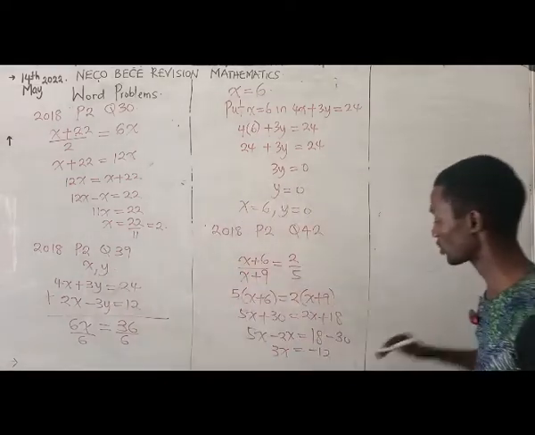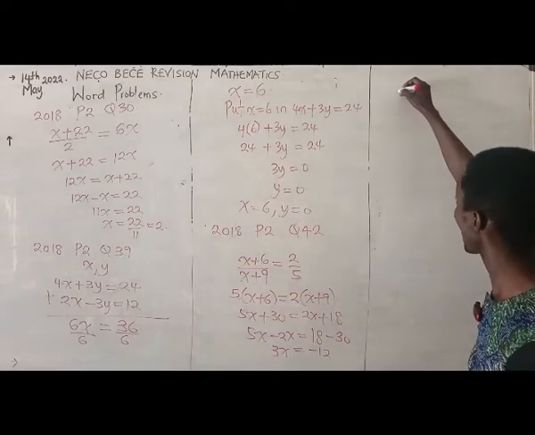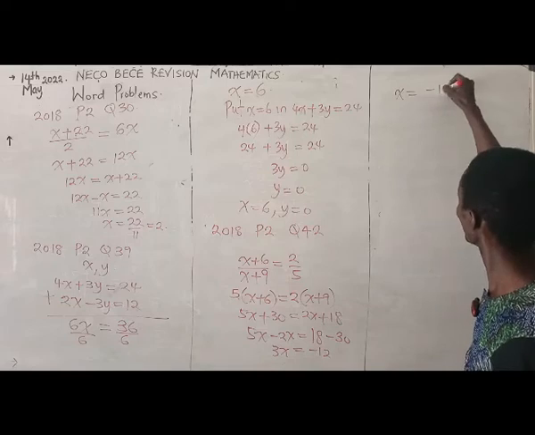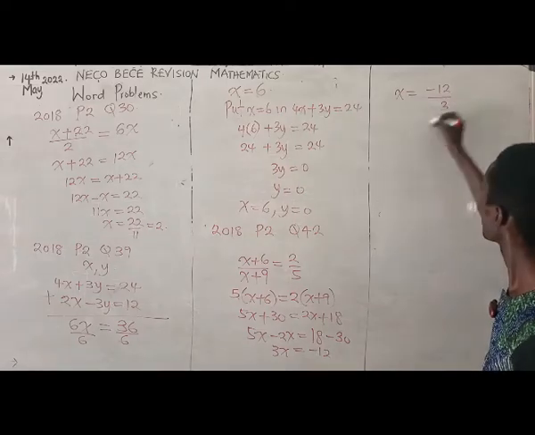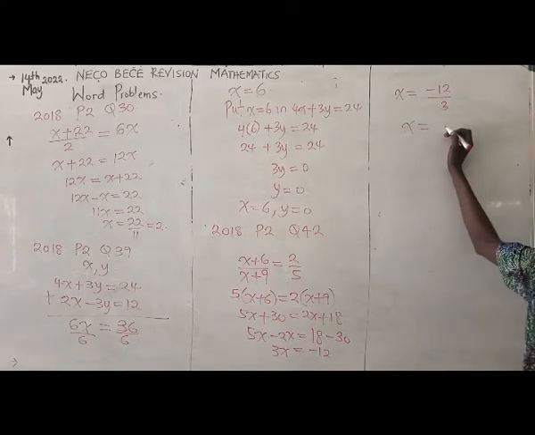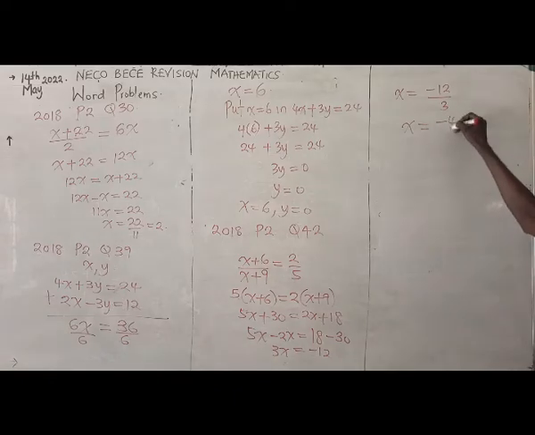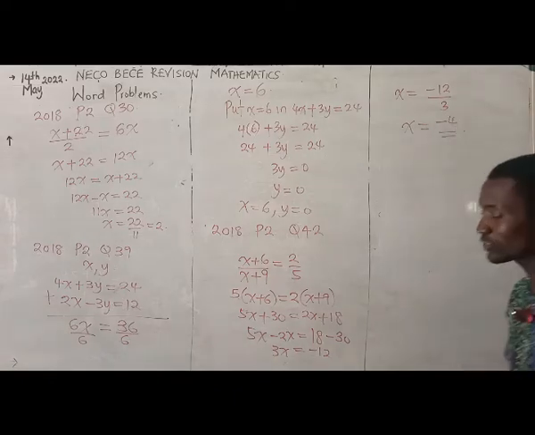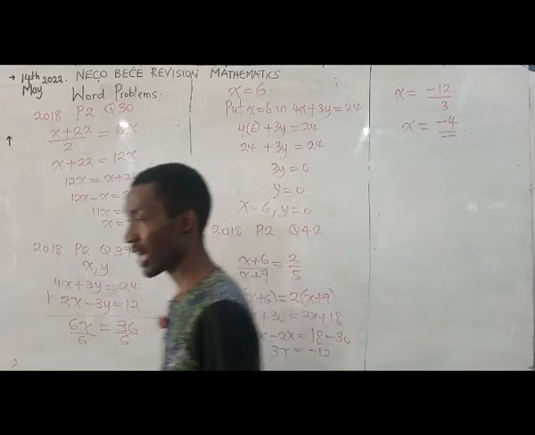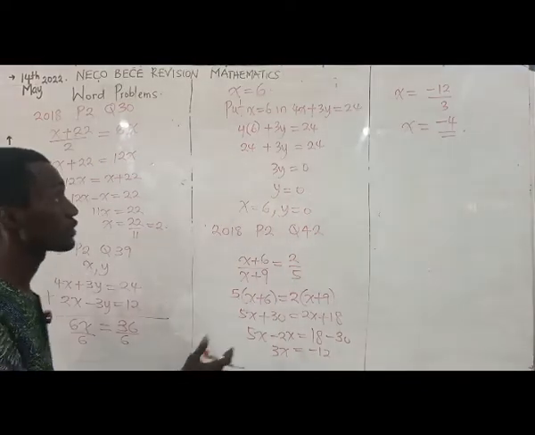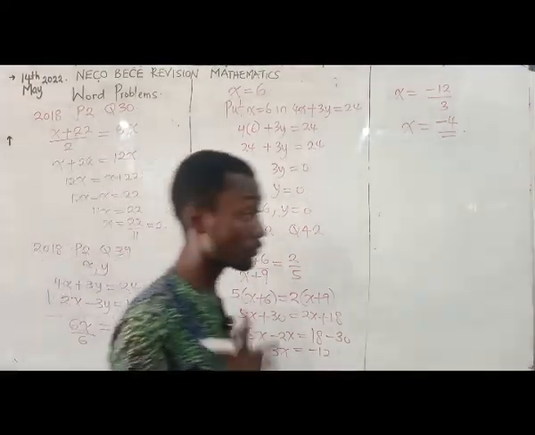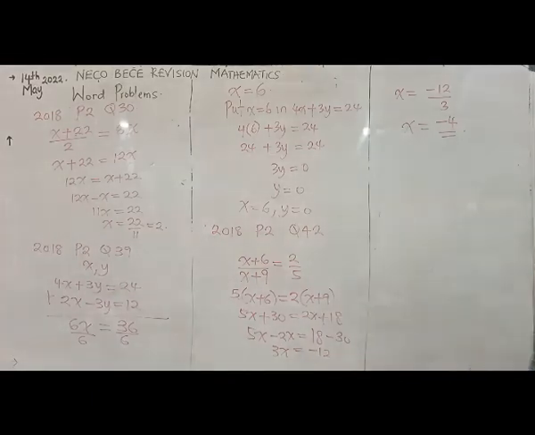So 3x is equal to negative 12 would imply that x is equal to negative 12 over 3. So x will obviously be equal to negative 4. So the number I need to add to both sides will obviously be negative 4. Alright.